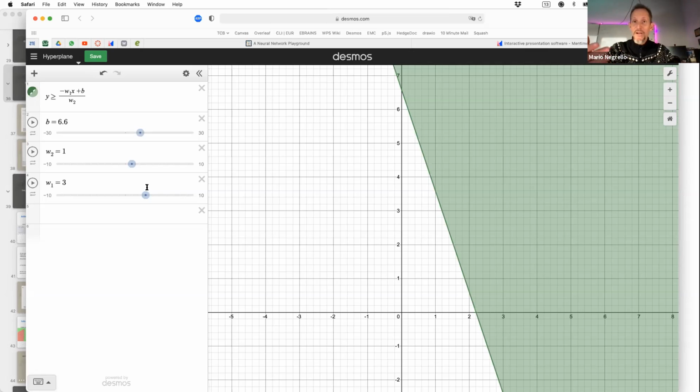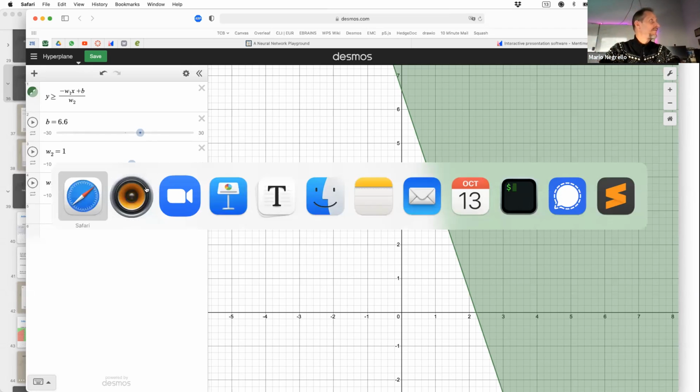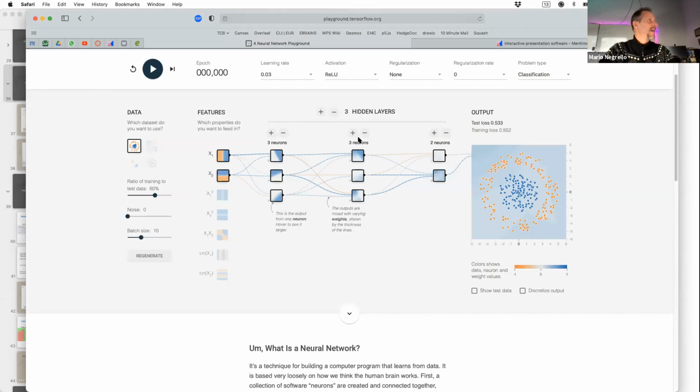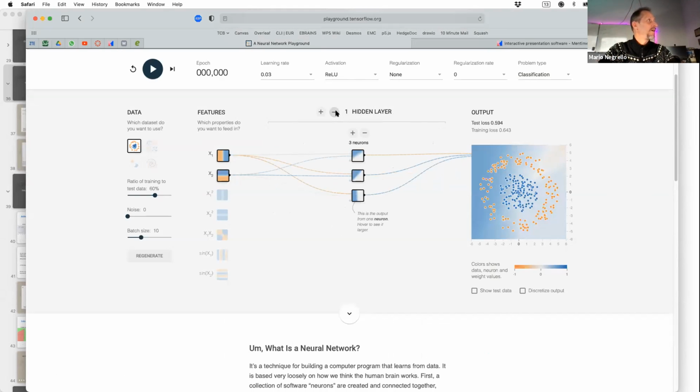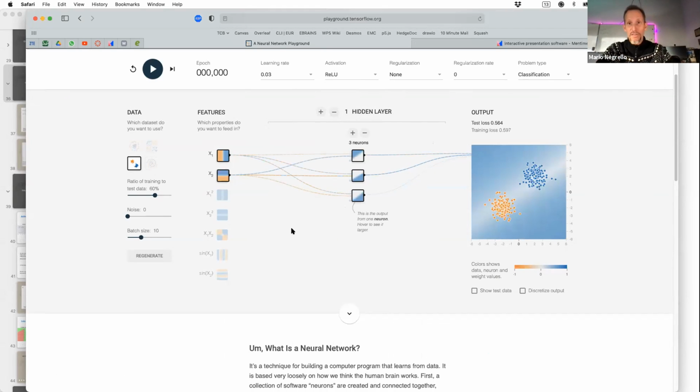Now, what happens when you have more than 1 unit converging on a second unit? So these are the kinds of questions that I would like us to really ask as we're looking into these training procedures.